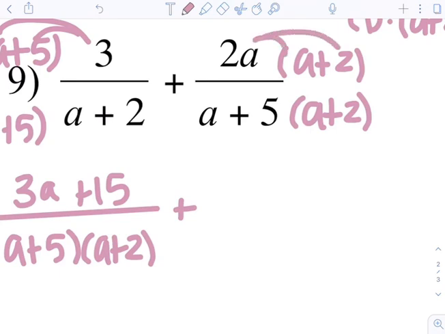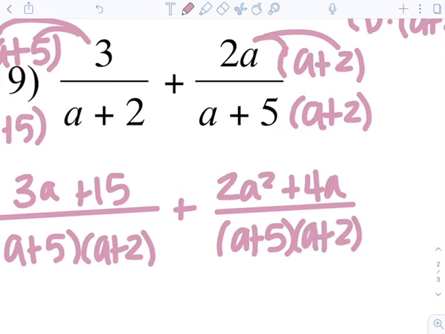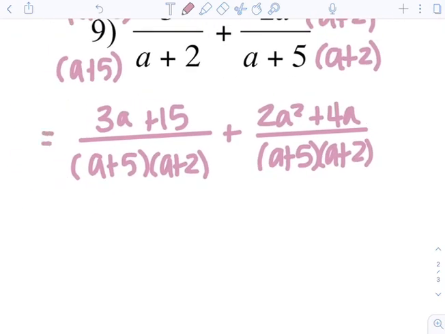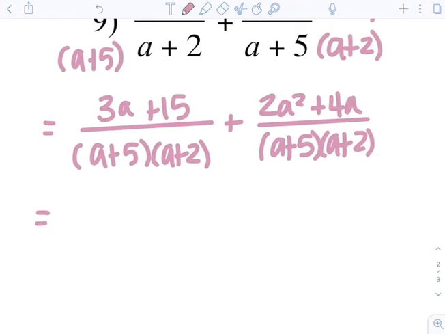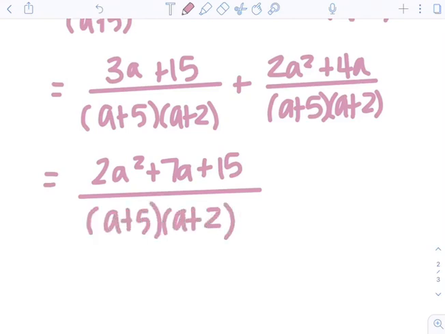And then you're going to distribute in the numerator, so 2a squared plus 4a over a plus 5, a plus 2. Okay, now that the denominators match, you're going to combine your like terms in the numerator, so 2a squared plus 7a plus 15 over a plus 5, a plus 2.